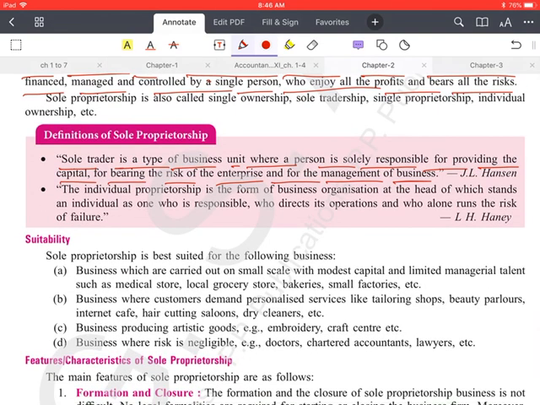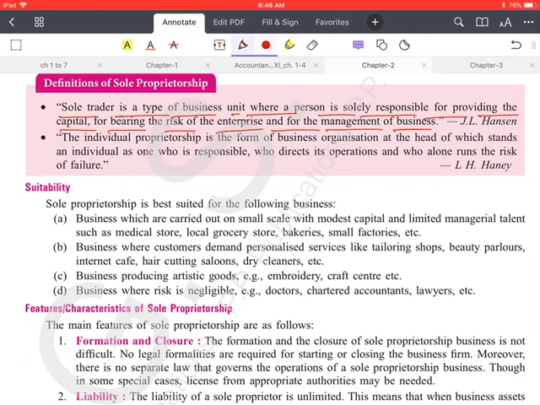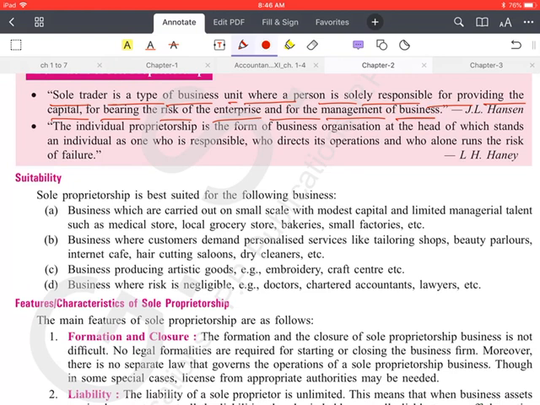Now, suitability. We will discuss in which type of business the sole proprietorship form will be suitable. Sole proprietorship is best suited for the following businesses.